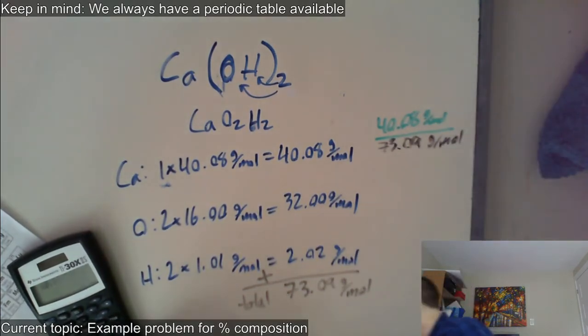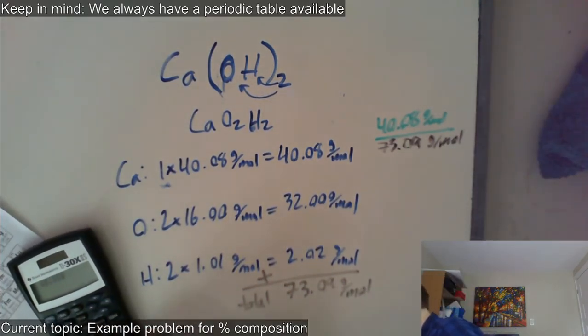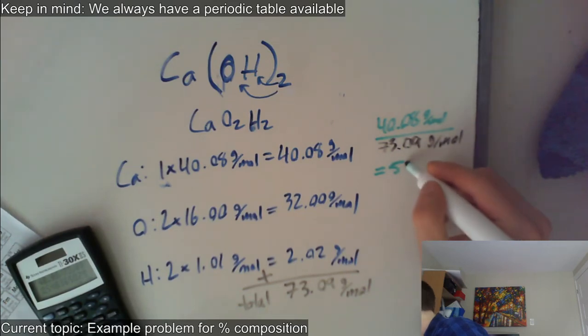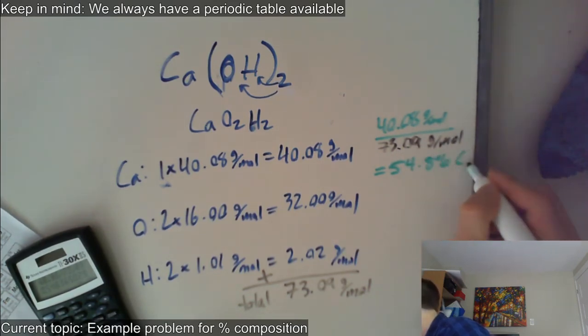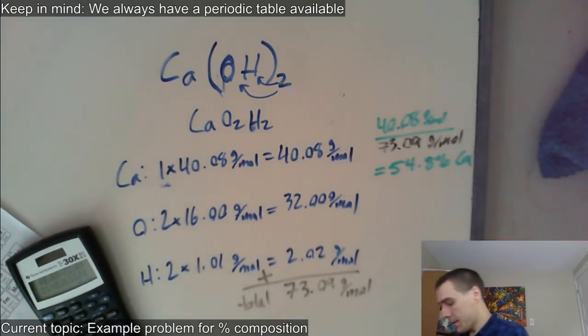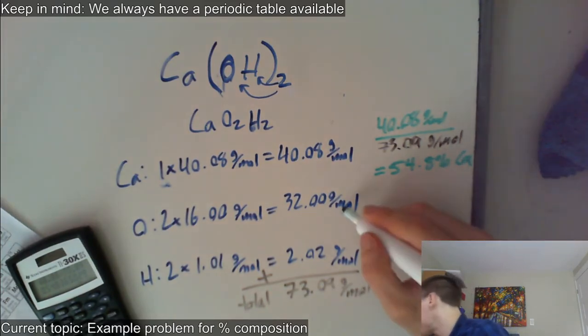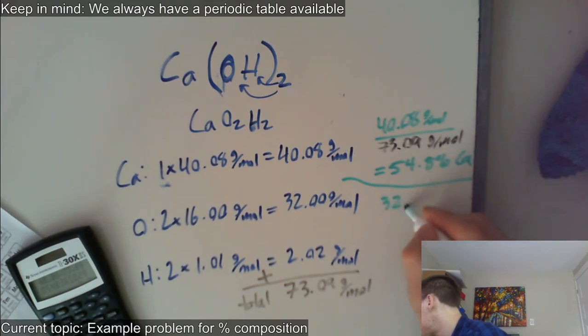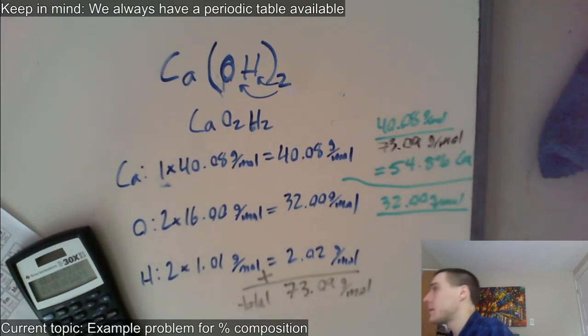So 40.08 divided by 73.09 is 54.8% calcium. For the oxygen, the oxygen is going to be 32.00 grams per mole divided by our total, 73.09, so it's the same thing, right?